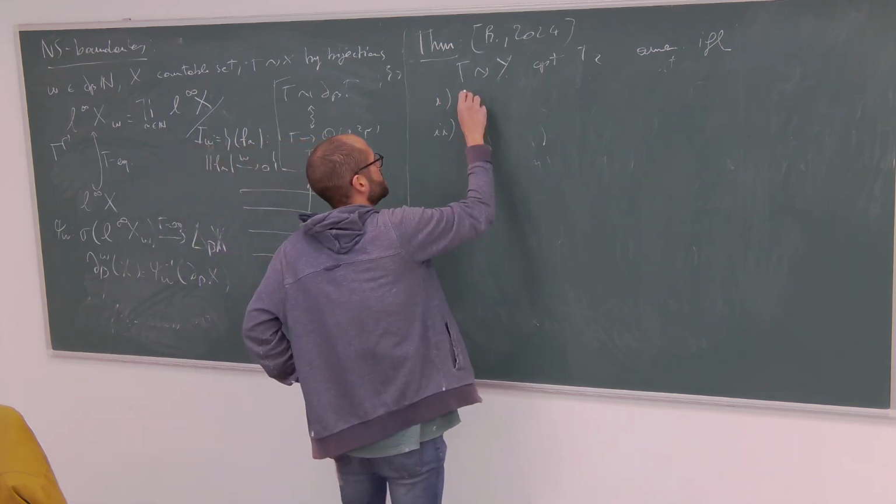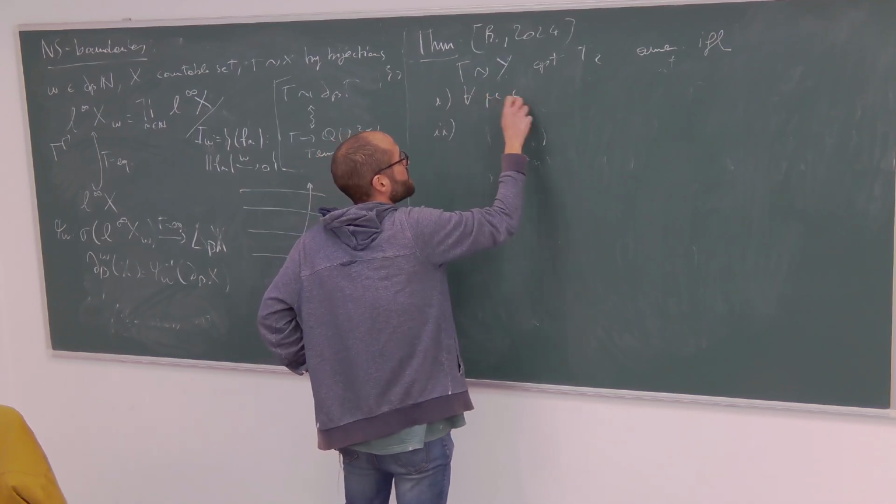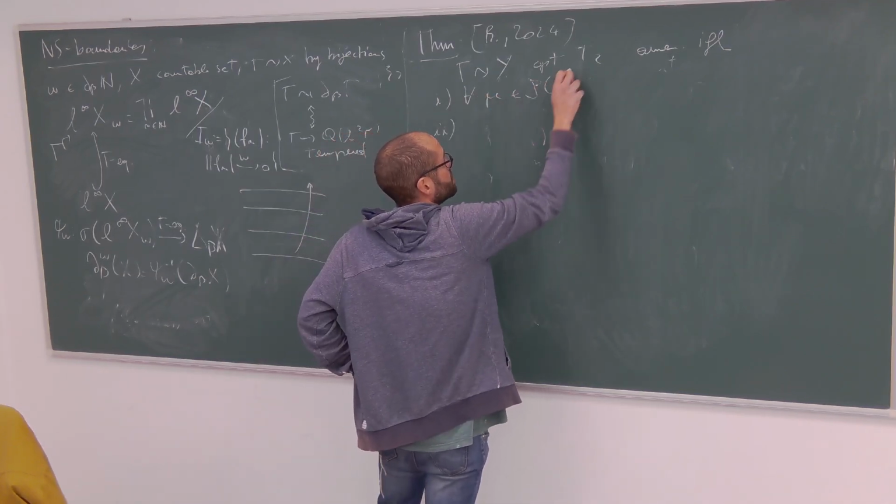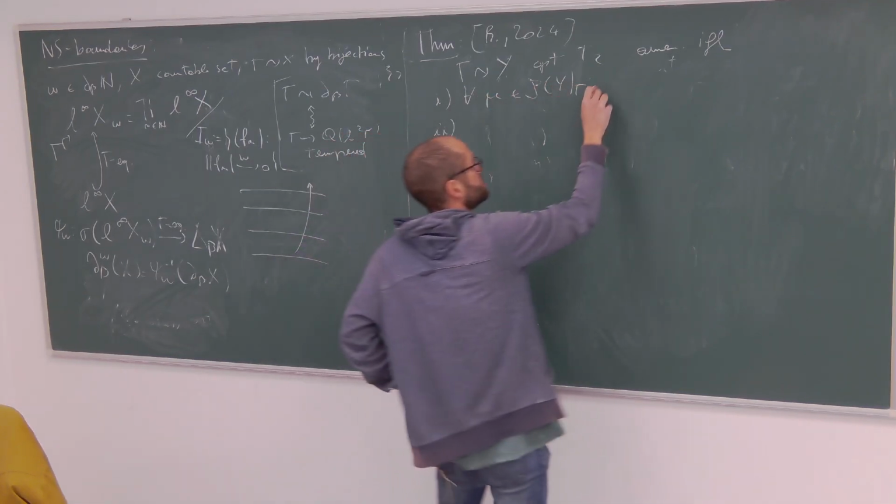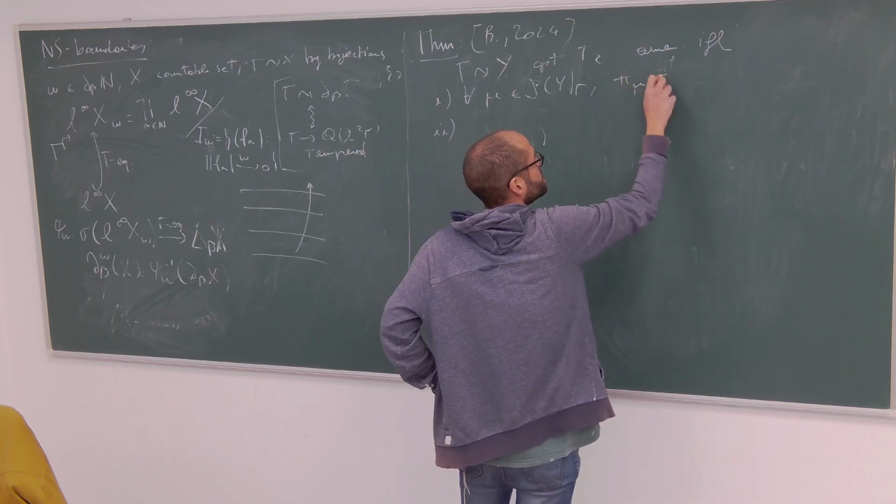One property is that for every quasi-invariant measure on this space, the associated Koopman representation is tempered.